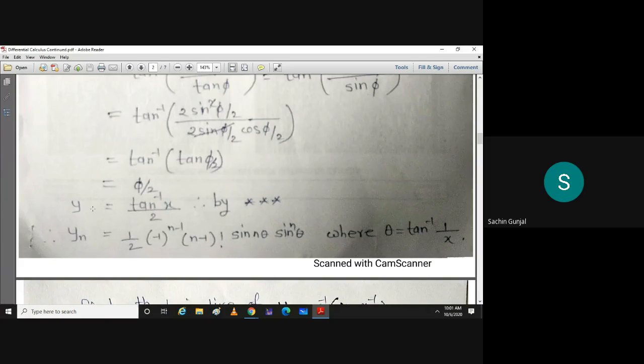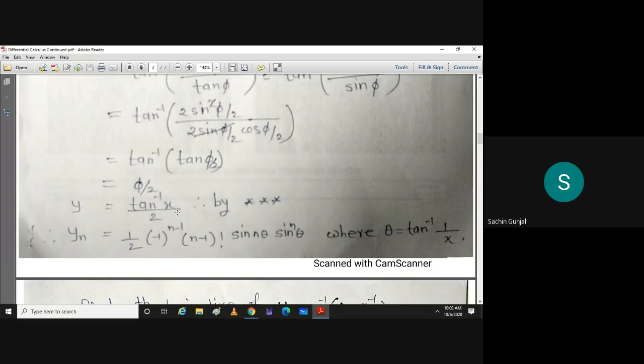Right? Then 1 by 2 you can take as it is, and the nth derivative of tan inverse x we just now mentioned, which is minus 1 raised to n minus 1, n minus 1 factorial sine n theta, sine raised to n theta upon 1 raised to n, because tan inverse x by a derivation we have seen.